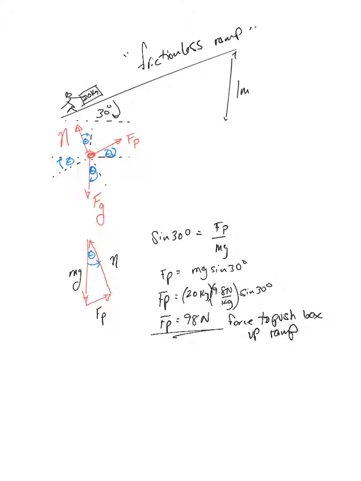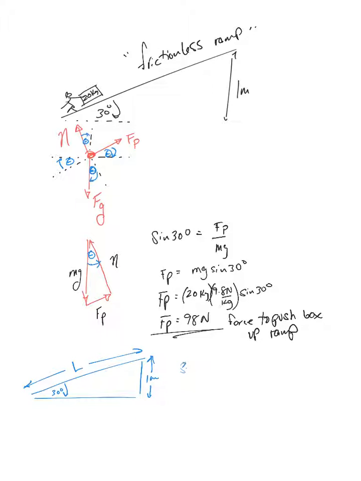Now, we also want to use this same triangle, and we want to figure out how far the box would go so we could calculate the work. And it's still 1 meter high, and this is still 30 degrees here.